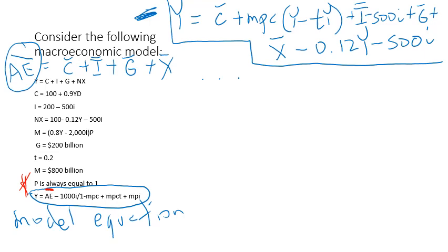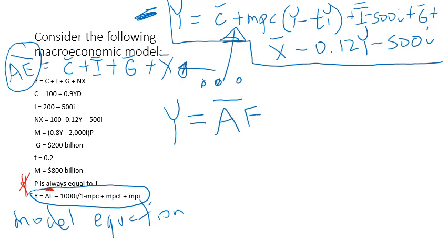So if we take this equation here with this notion, the 3 dots meaning I'm continuing, that basically means that if we set the model equation in Y form, we get autonomous aggregate expenditures minus 1,000. Now, how do we get 1,000?